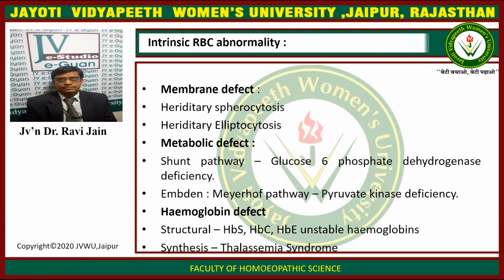It can be due to a metabolic defect, like the shunt pathway defect due to glucose-6-phosphate dehydrogenase deficiency, or the Embden-Meyerhof pathway defect, that is pyruvate kinase deficiency. It can also be due to a hemoglobin defect, with structural variants like HbS, HbC, HbE, unstable hemoglobins, or a defect in synthesis like thalassemia syndrome.